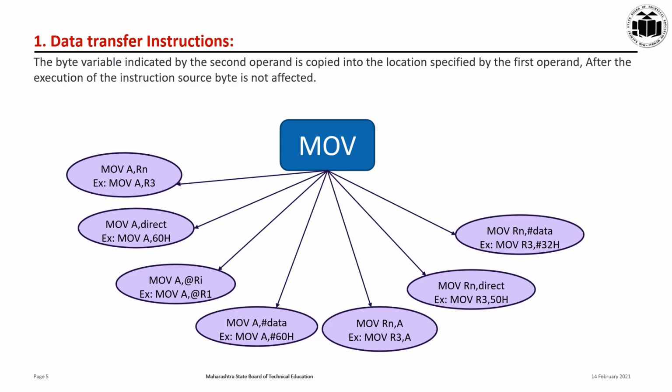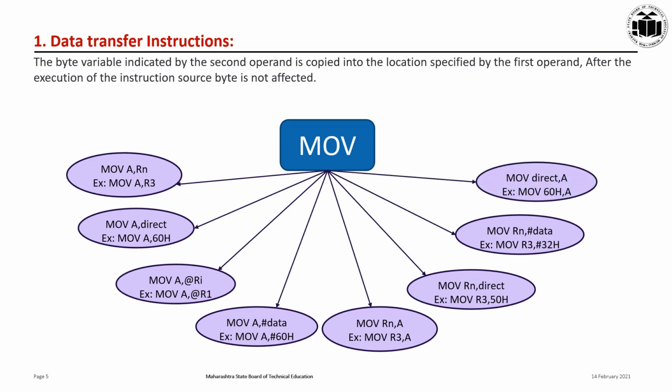MOV Rn, #data. This instruction moves immediate data given in the instruction to register Rn. For example, MOV R3, #32H. After the execution of this instruction, the 32H value will be copied to register R3.